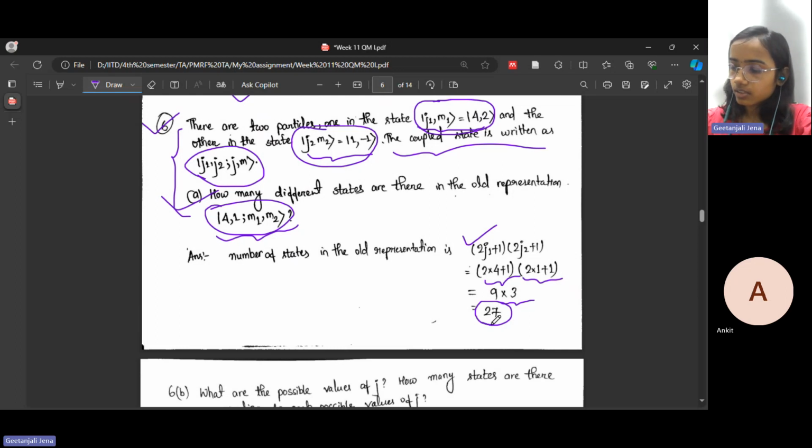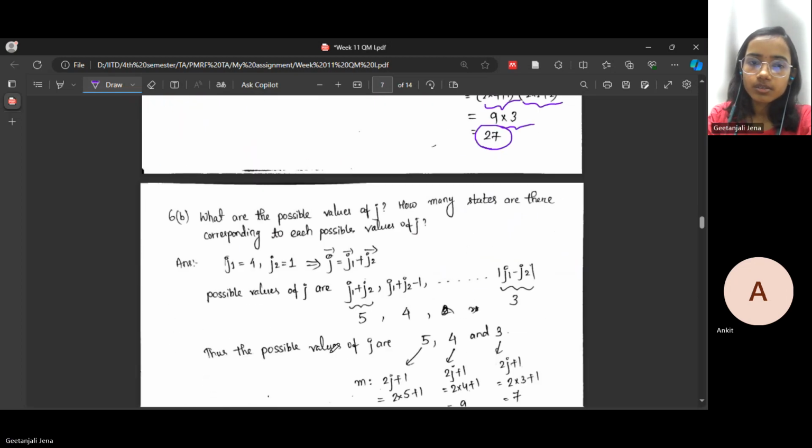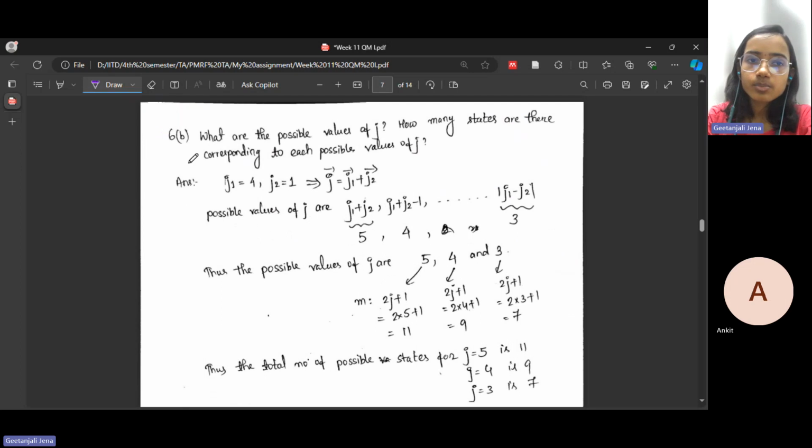Now let us move to the next part of this question, 6b. The question in 6b is: what are the possible values of J and how many states are there corresponding to each possible value of J? The possible values of J you can easily find out.